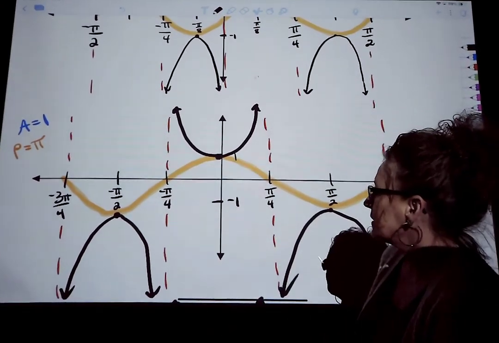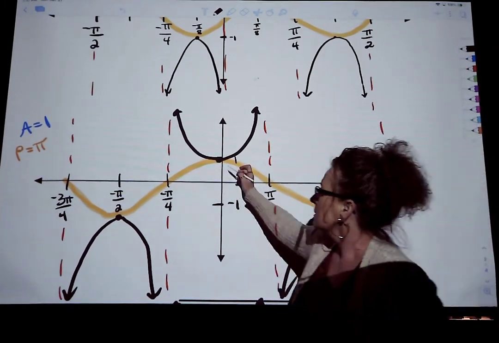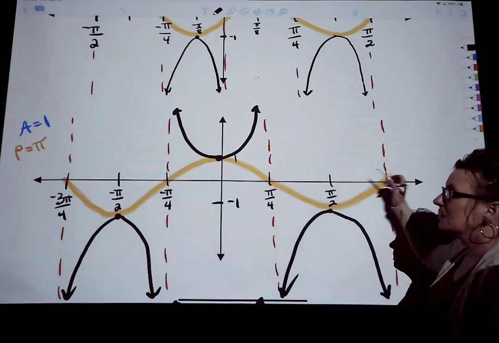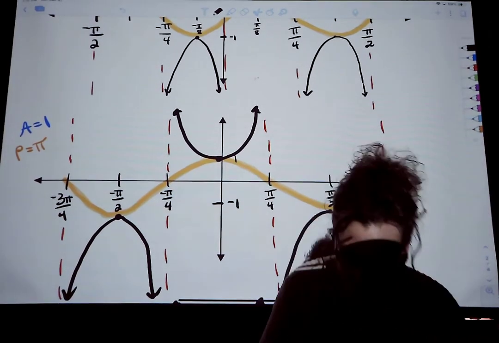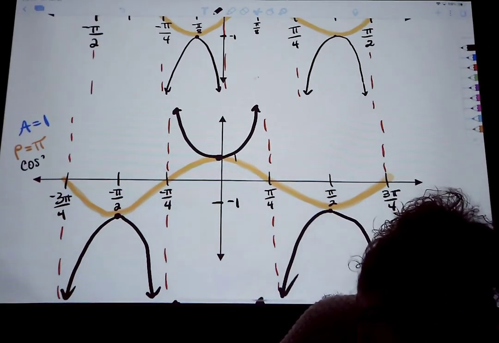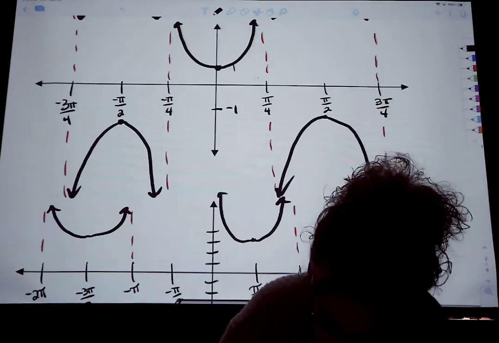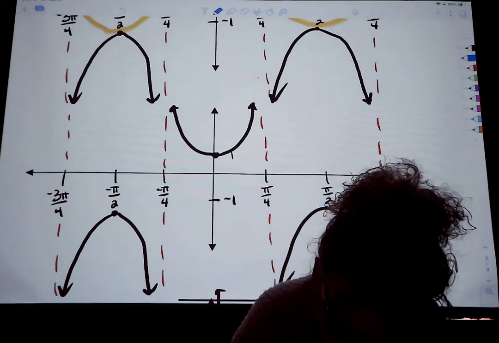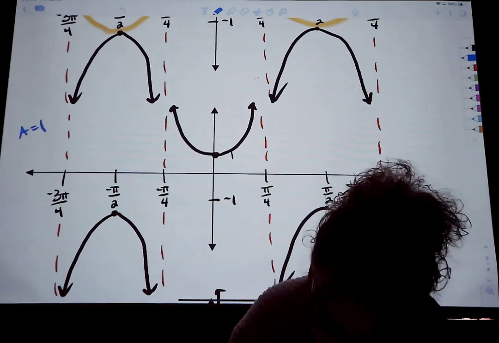And the orange graph to me starts here. It would finish up here. It kind of looks like cosine without any shifting going on. So cosine maybe. Keep going. Next graph. Amplitude is 1. Oh, hang on.